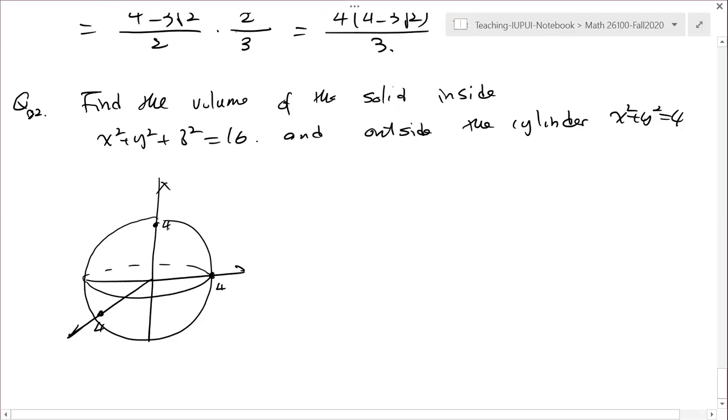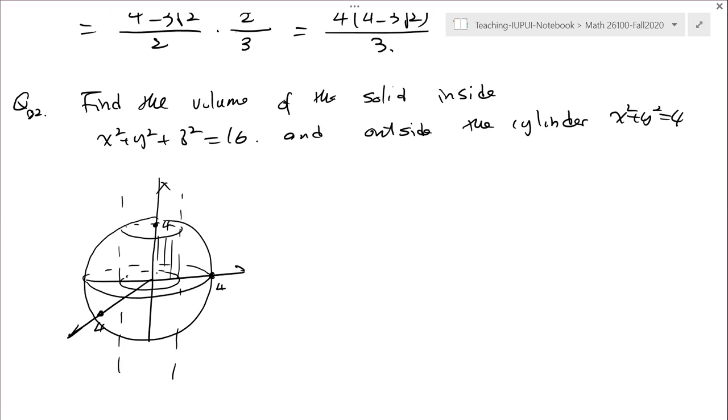The cylinder will pass through this ball, because the circle on the XY plane will be just this. So you draw the cylinder. It's not easy to draw. It's passing through this. I hope I learned some drawing skill. But this is a cylinder, right? You can see that.